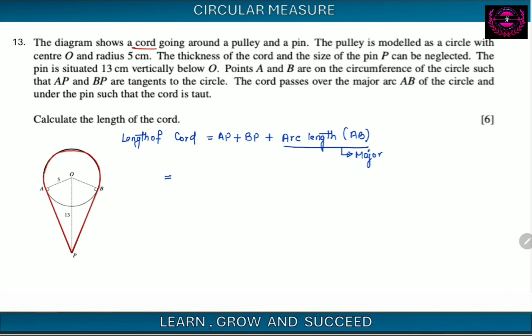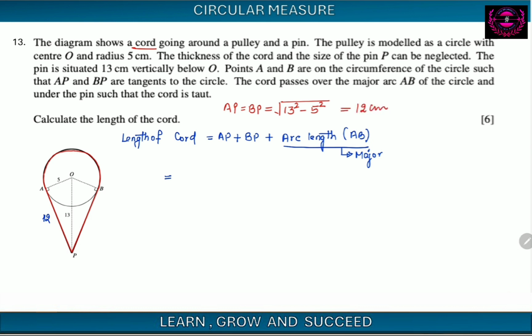AP and BP you can simply find using Pythagoras theorem. This is 5, this is 13. So AP equals BP equals under root of 13 squared minus 5 squared, which is 12 centimeter.